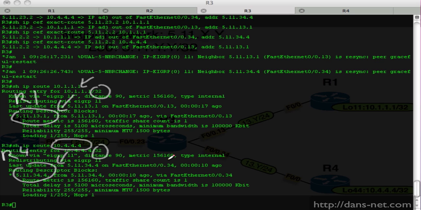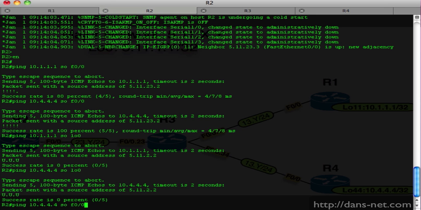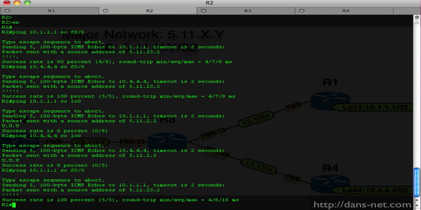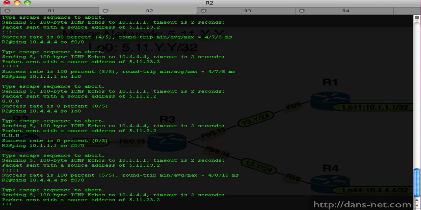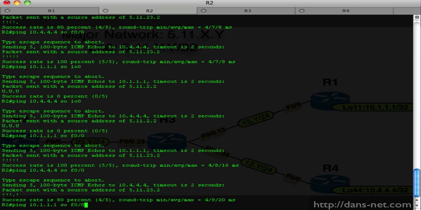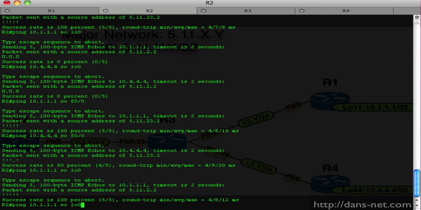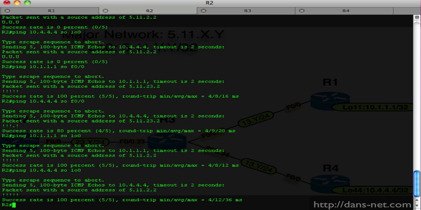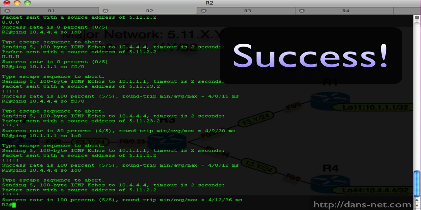Let's try again to ping from R2 to R1's loopback 11 and R4's loopback 44 from all of R2's interfaces. Success!